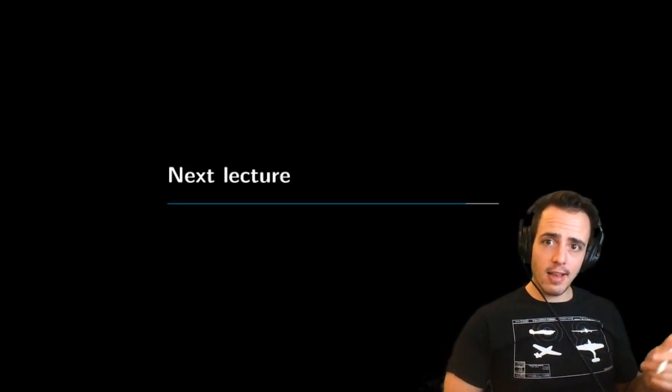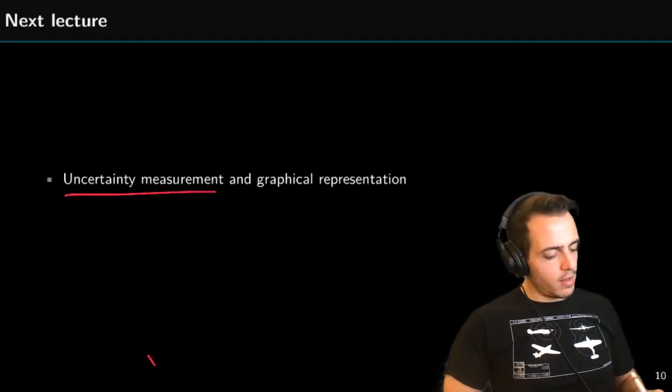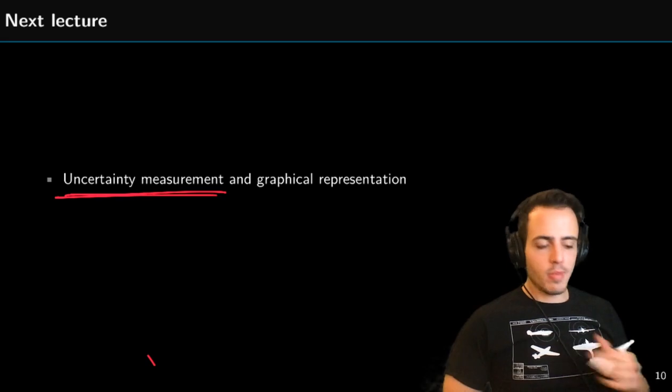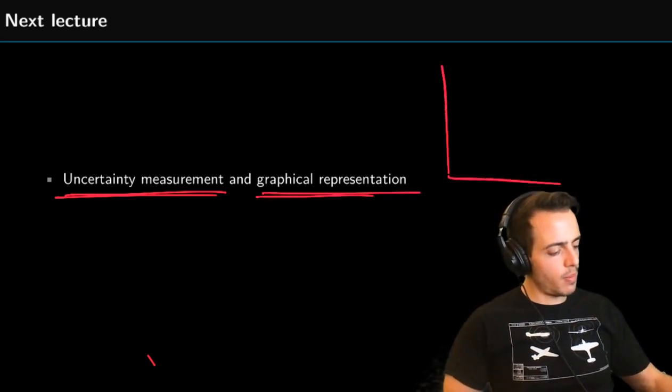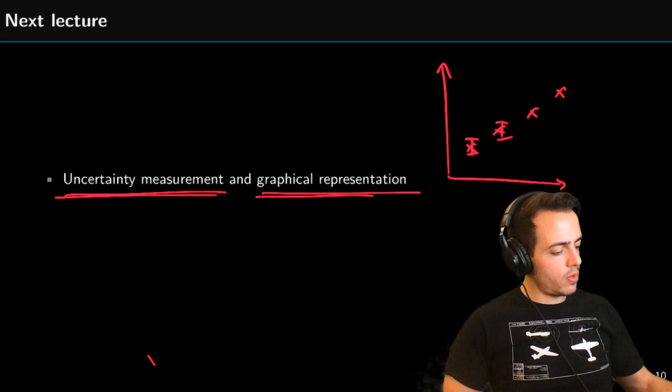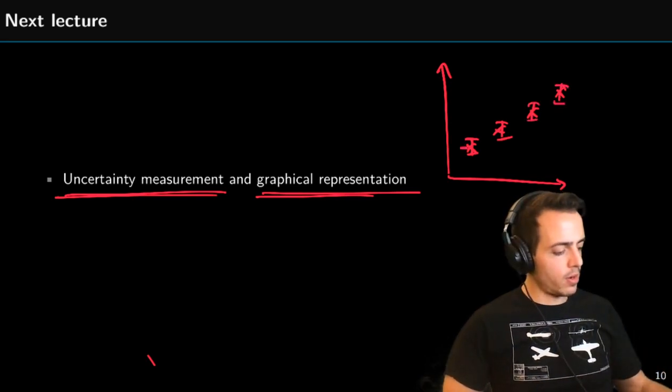What are we going to talk about in our next lecture? So that part that I spoke about, uncertainty measurement and graphical representation, how we can plot that. So if I've got my plots, and I've got these data points, how do I make suitable measurements such that I can put these uncertainty bounds on in both directions?